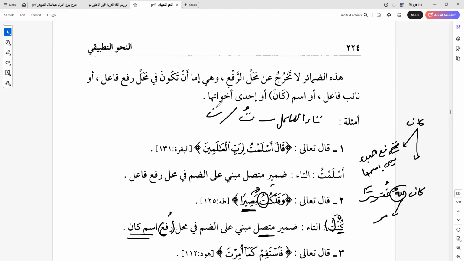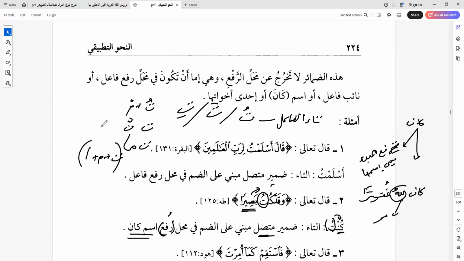Tu, ta, ti. Or sometimes it can be ta plus meem, and then ta plus noon and niswa, and then ta plus meem plus alif. So like katabtuma.